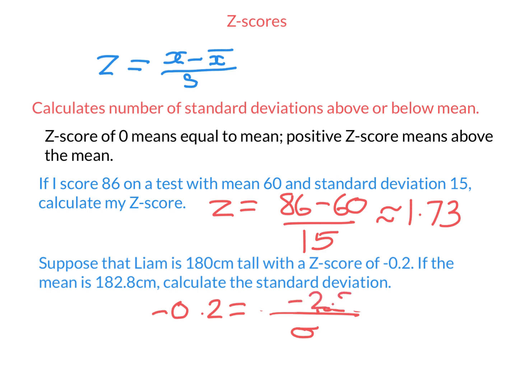Of course, a z-score of -0.2 means this guy is below the mean. So how do I solve this equation? Well, the easiest way is to move the -2.8 and fraction line over there. So the standard deviation will be -2.8 divided by -0.2. And if you put that in your calculator, you get 14. So here, the standard deviation of heights is 14.